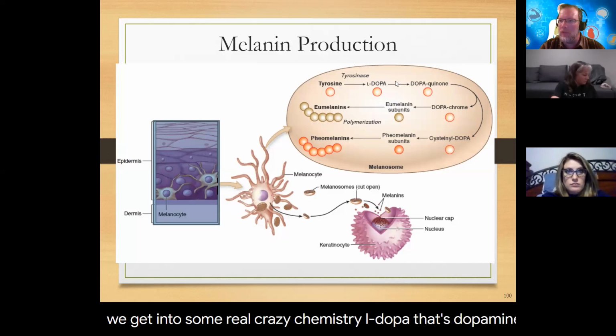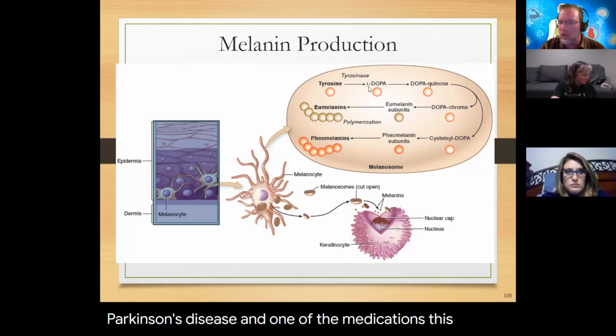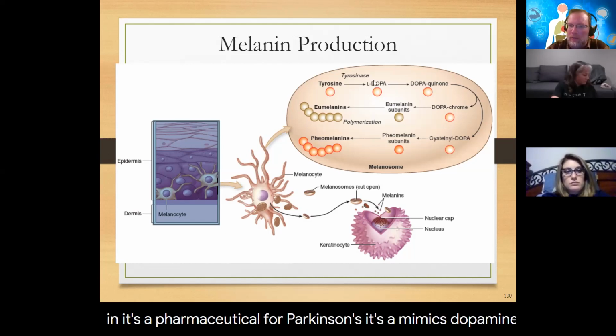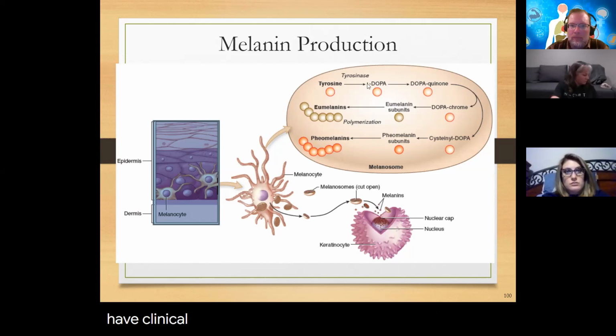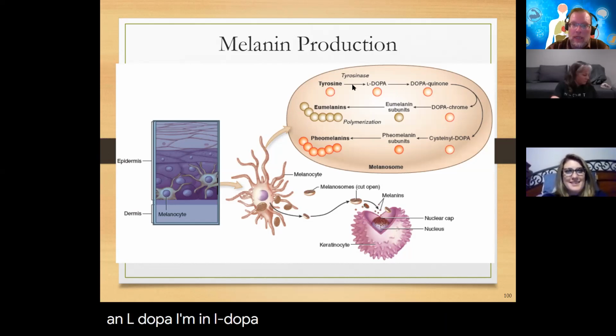You may think of it as one of the medications for Parkinson's disease. This is different, but they call it levodopa, a pharmaceutical for Parkinson's that mimics dopamine. Don't get that confused with this. Some of you have clinical experience and have heard of L-dopa.